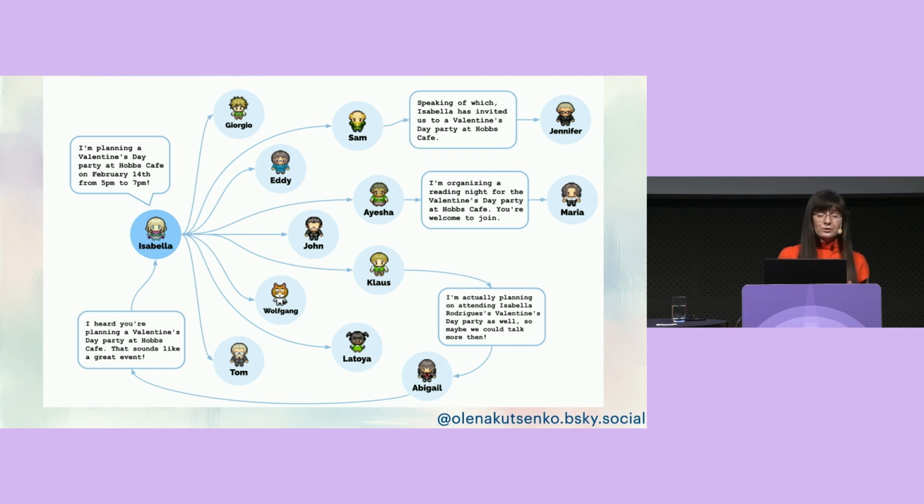But they also put a seed of an idea to Isabella, and Isabella was supposed to organize a Valentine party. And then they wanted to see if Isabella will convince other characters to come to that party and also maybe to bring something to the party.